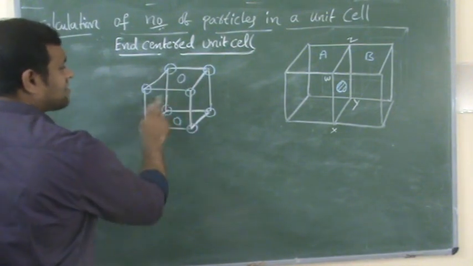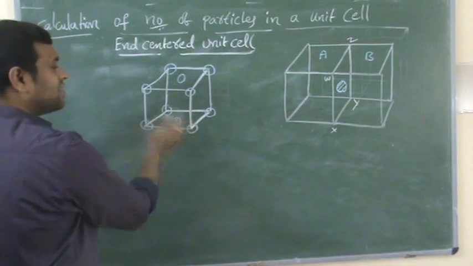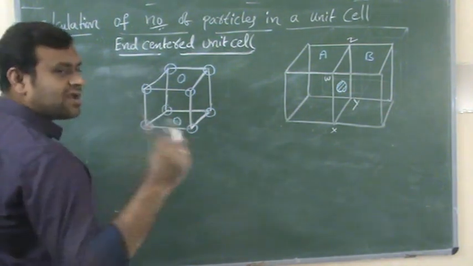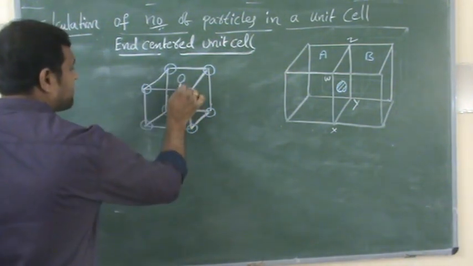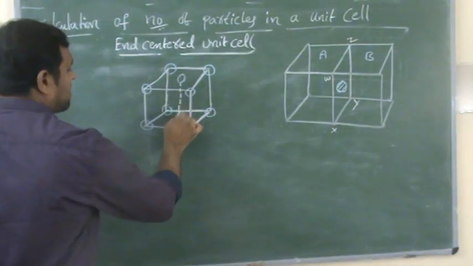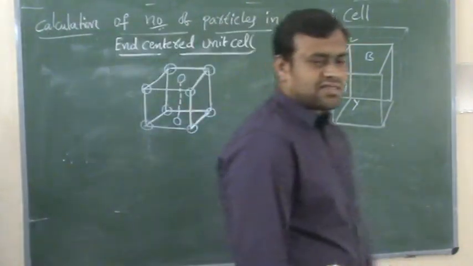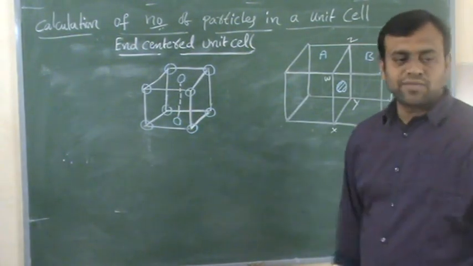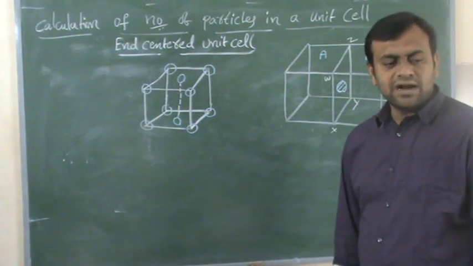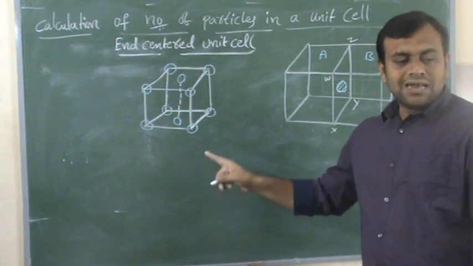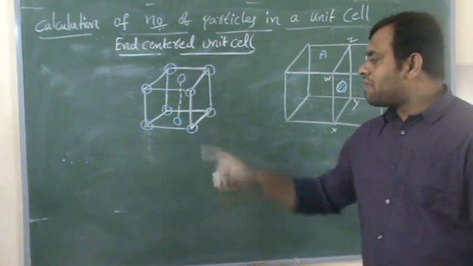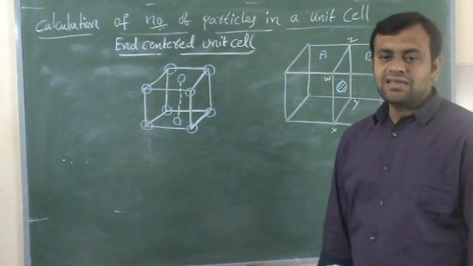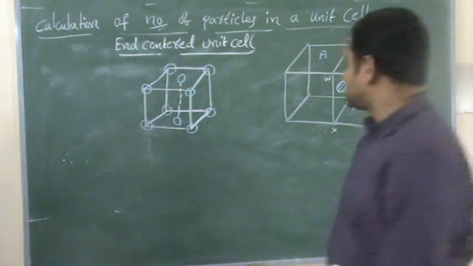You can put anywhere, side faces also, front or back, any one opposite face. This unit cell is said to be end-centered unit cell. Now let's calculate number of particles in this end-centered unit cell.